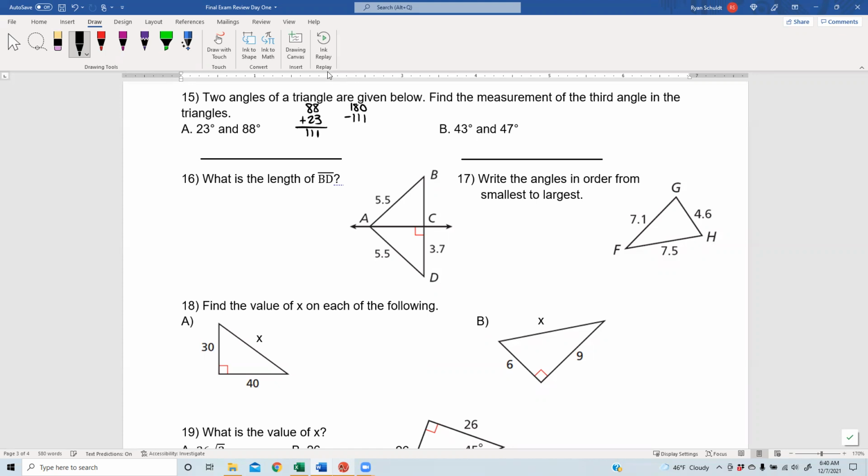Subtract that from 180, and I get 69. This one's going to be 69 degrees.